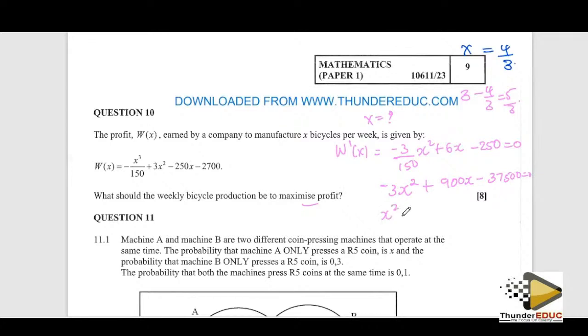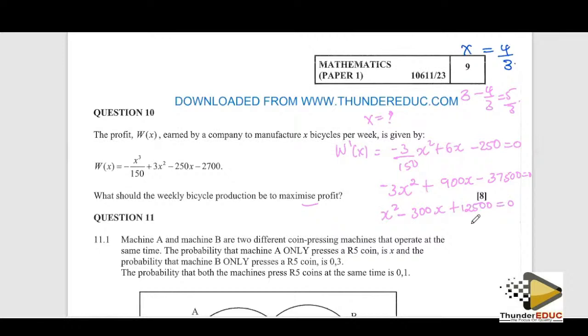So x squared, that's minus, since we're dividing through by a negative, 300x. And then this divided by 3, I'm getting 12,500 is equal to 0.